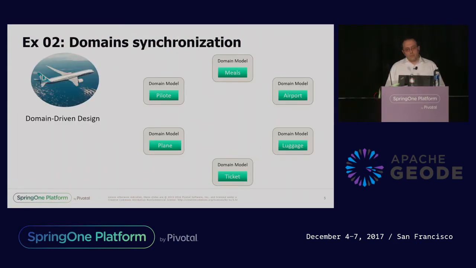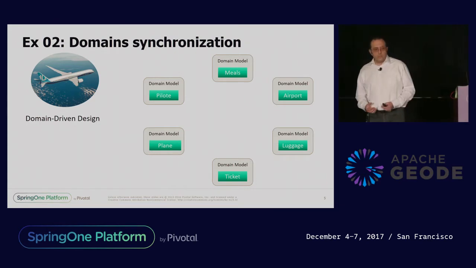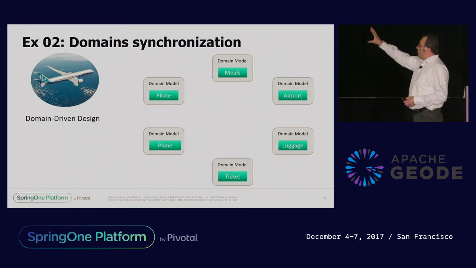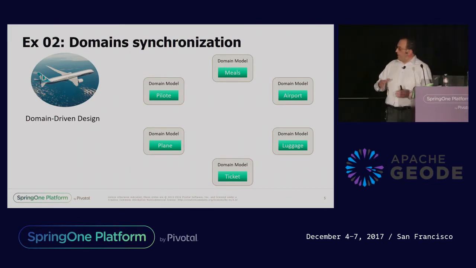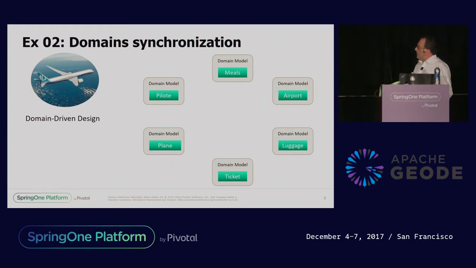For example, if you work with DDD, domain-driven design, which is very interesting, it explains that if you have a large domain, for example, what is a plane, what is a flight, you have to define different domains: airport, luggage, ticket, and each domain is viewed through a point of view. But unfortunately, DDD does not explain well how to synchronize the different domains.